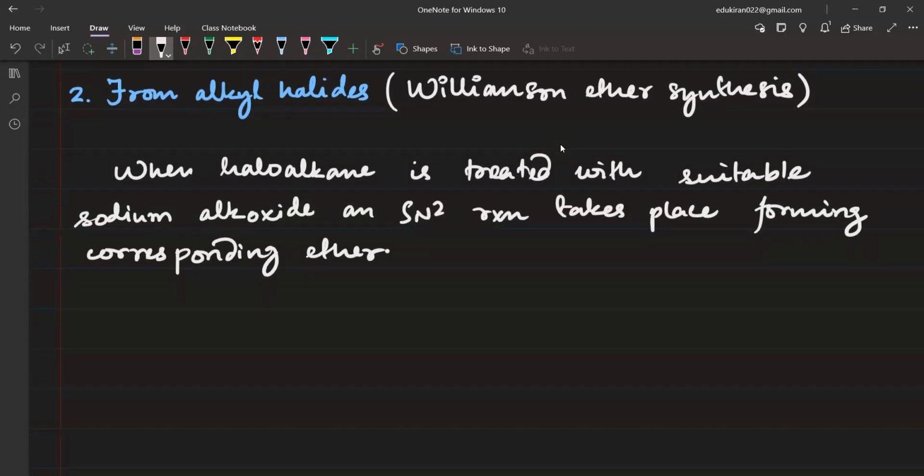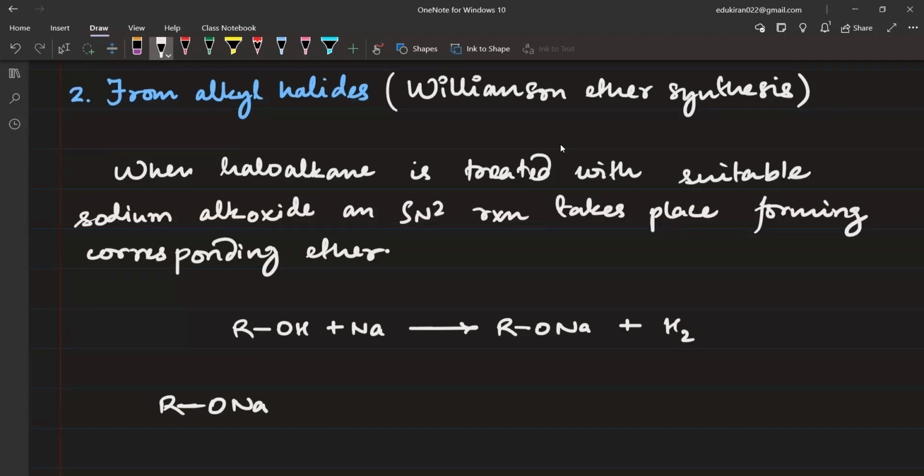Okay. So first of all, how to get sodium alkoxide? It's very easy. I would react alcohol with sodium. Alcohol reacts with an active metal to give alkoxide ion, right? RONa, plus we will get H2 gas. So now we have this alkoxide ion. So we'll use this alkoxide ion, that means RONa, plus some alkyl halide R-X.